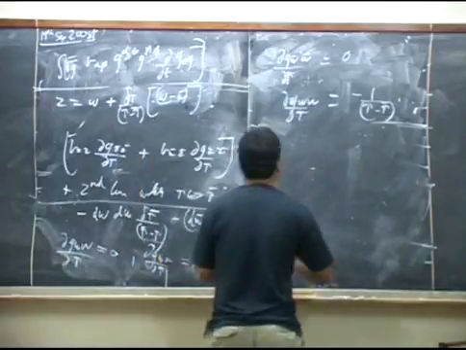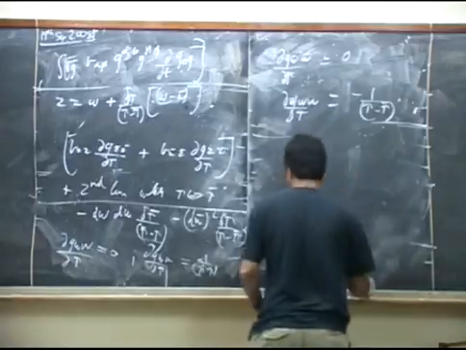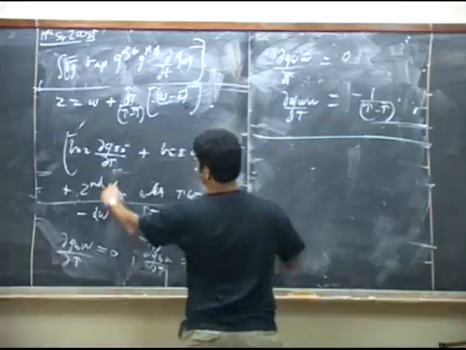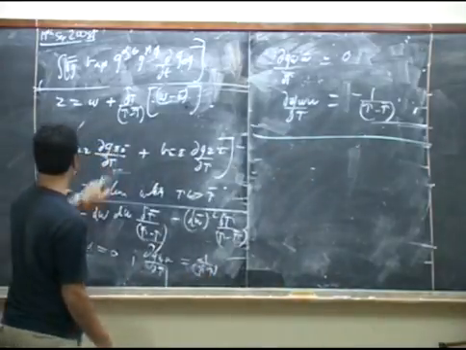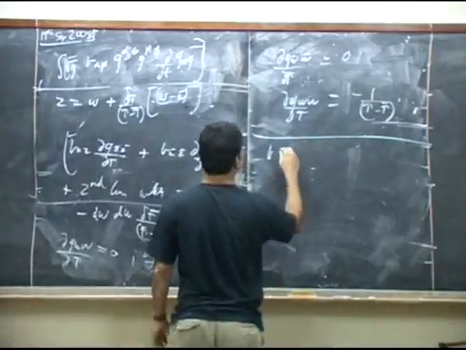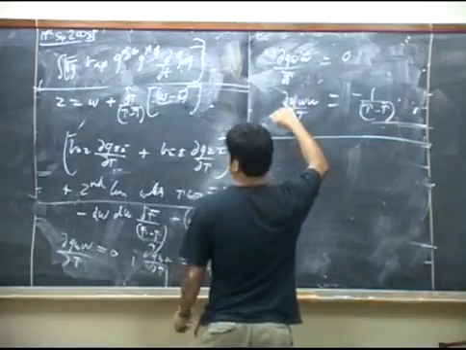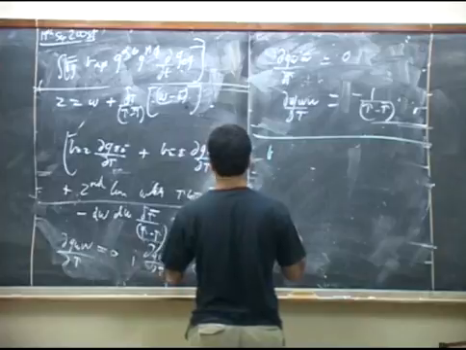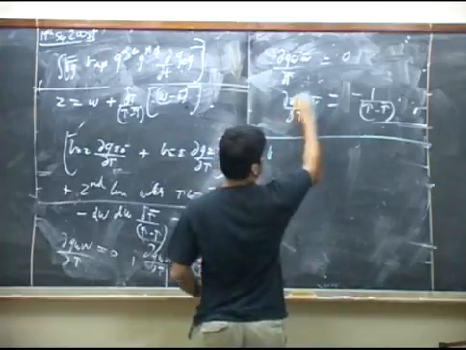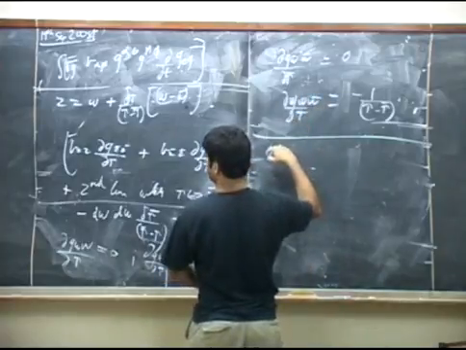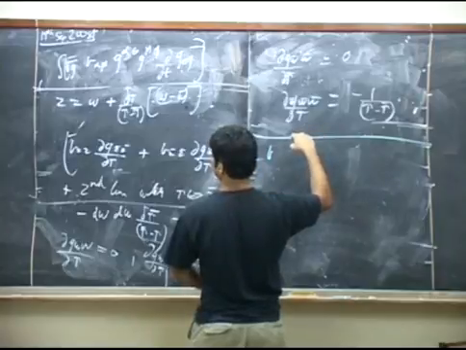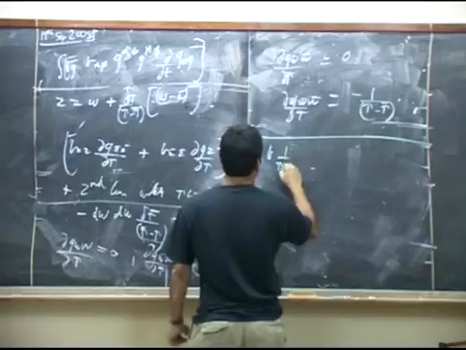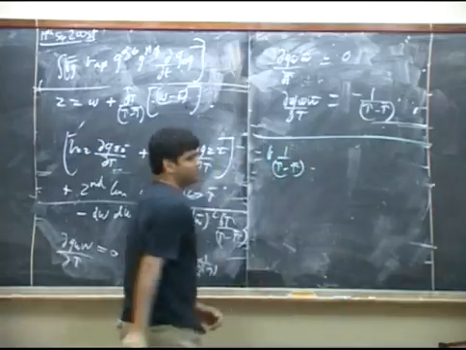So then, using that formula, we find that the two insertions that we need are, this one is non-zero, so we get B times minus 1 by tau minus tau-bar.